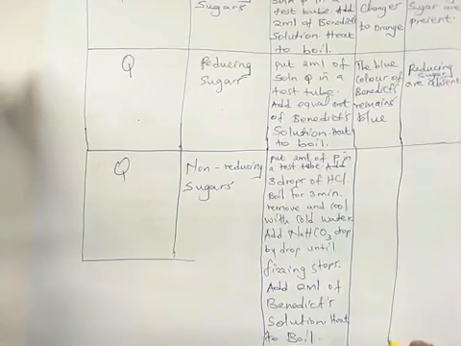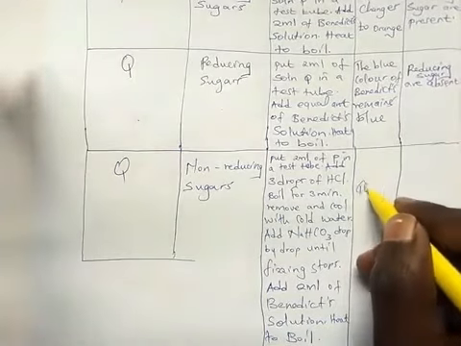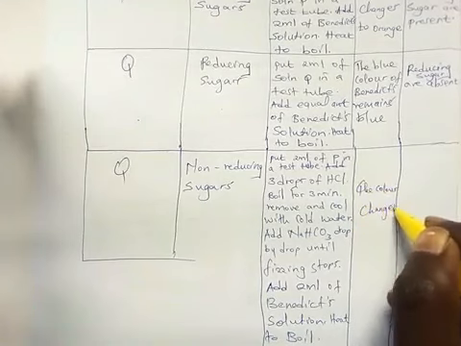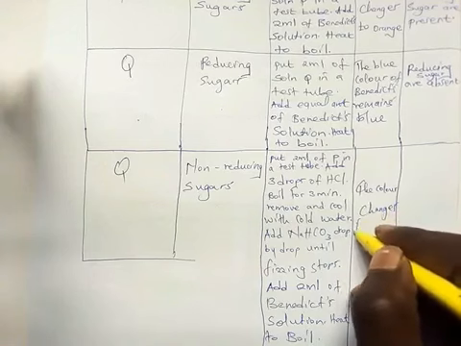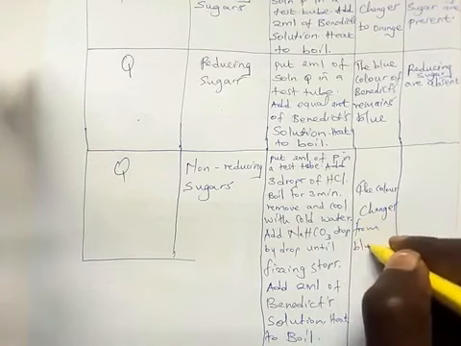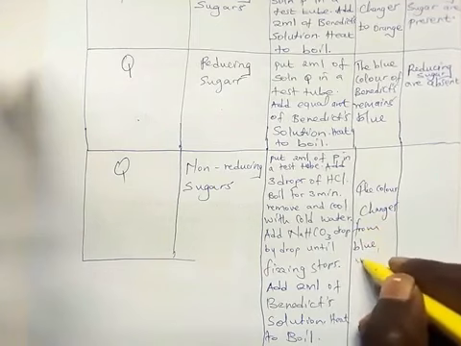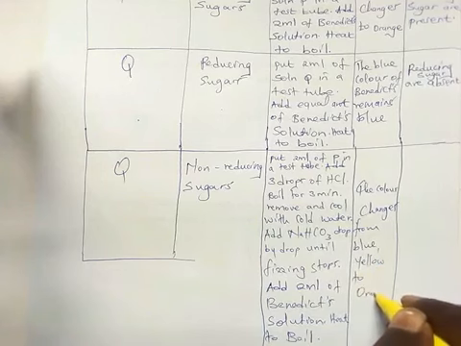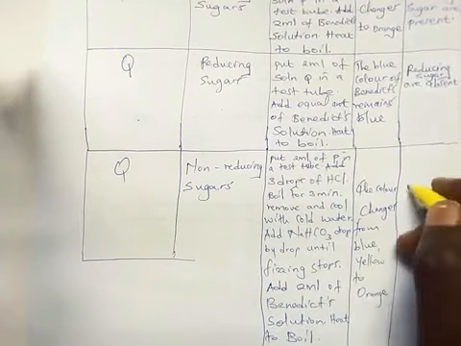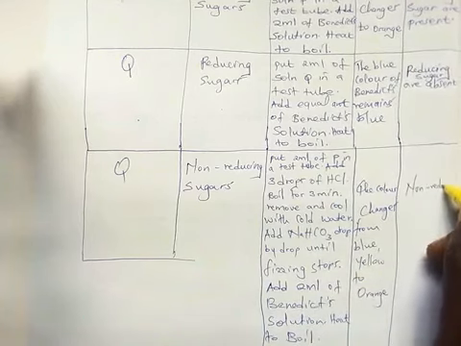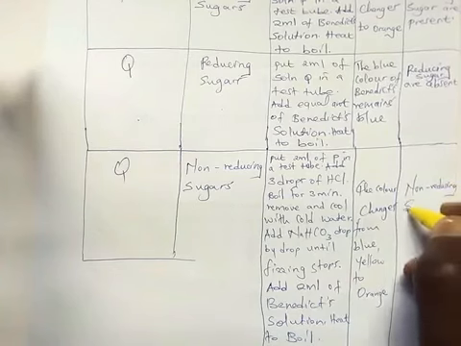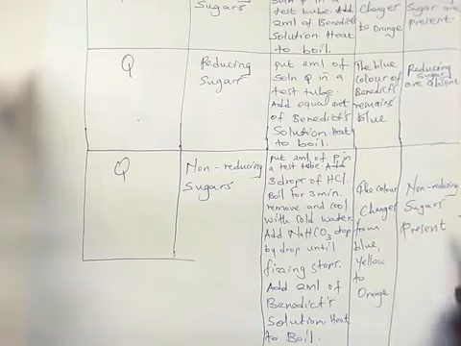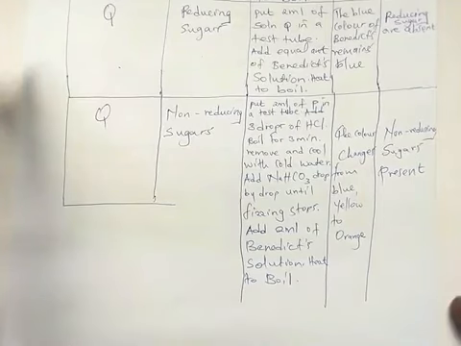Now you should observe the color changes from blue, green, yellow, and then to orange, the last color. Then you see non-reducing sugars, they are present. Then you get your 12 good marks.